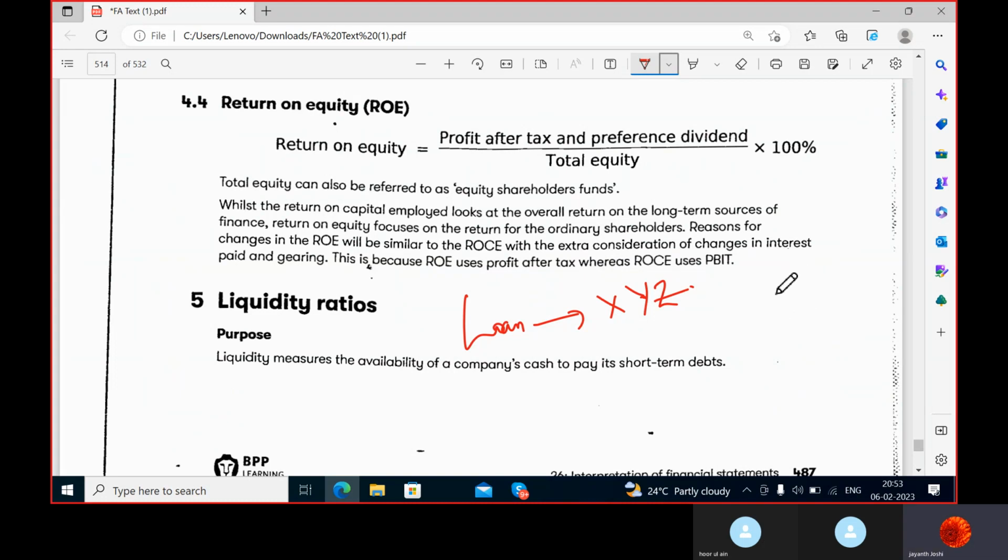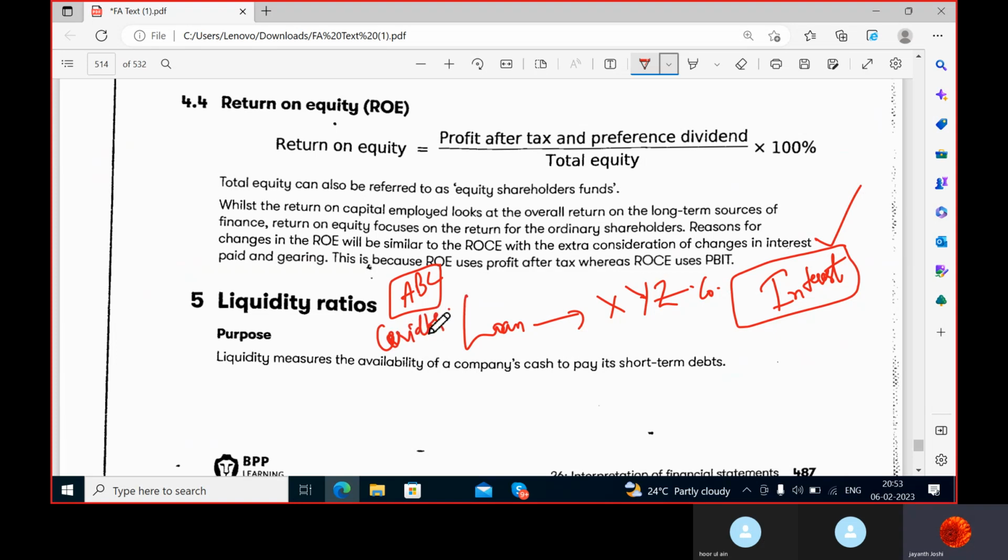Of course, when you give a loan to someone, you want interest. Am I right? Here, ABC has given a loan to XYZ company. So ABC is nothing but the creditor of XYZ company.